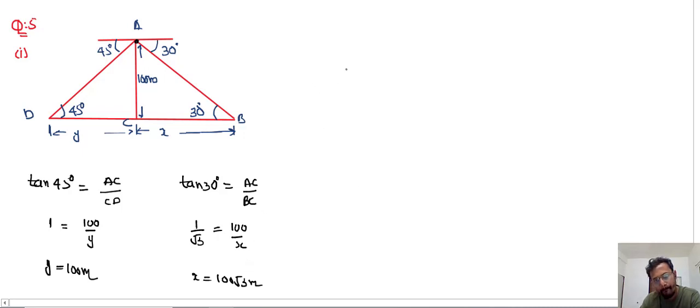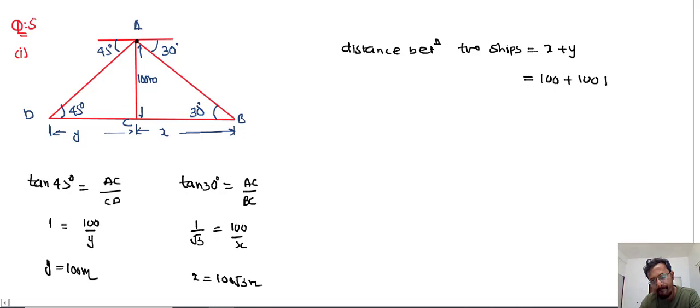So 100 plus 100 root 3, and 100 is common. 100 into (1 plus root 3), and the value of 1 plus root 3 is 2.73 approximately. 100 into 2.73, so it's 273 meters approx. Okay, this is the way to solve the example.